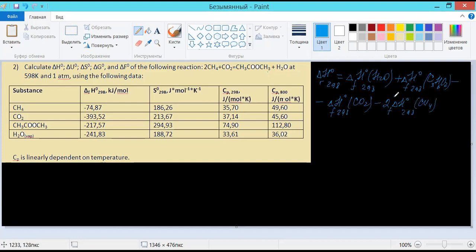We shouldn't overlook the importance of this coefficient too. That's why I have doubled this term.